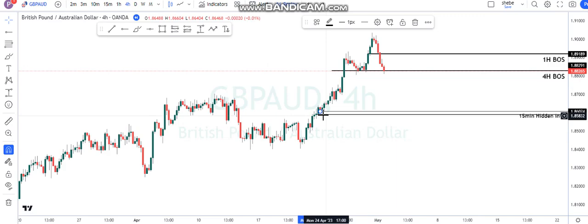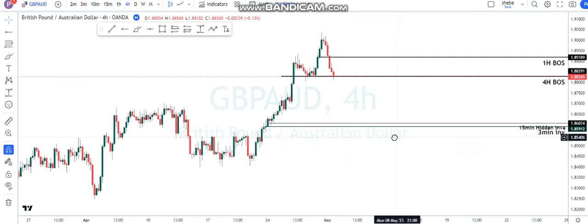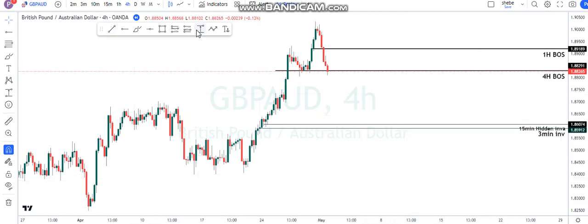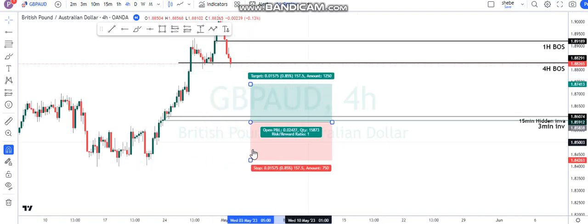Sorry, let me try to name this point here, which is the 3 minutes invalidation point. Now if you see, the 3 minutes invalidation point is nearby the 15 minutes invalidation point, that's not the case. But the main point is we only risk a few pips, about 20 pips.